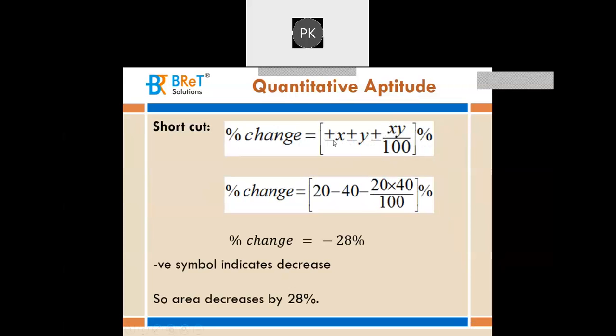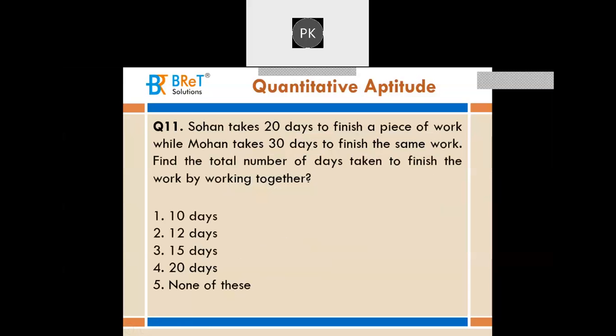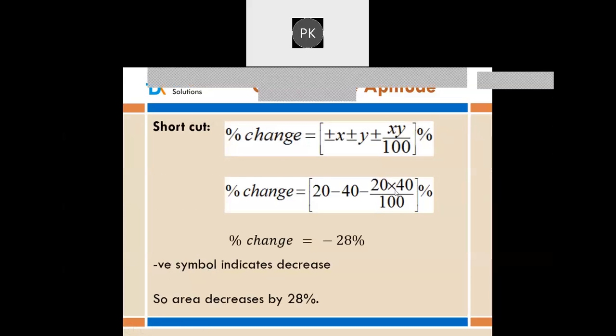Now always remember, if the first dimension is increasing, I am going to take it as plus. If it is decreasing, I am going to take it as minus. And please note, this symbol is always a product of these two symbols. I hope you understand.